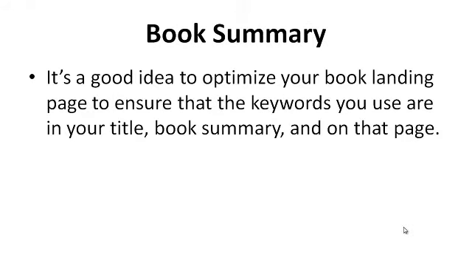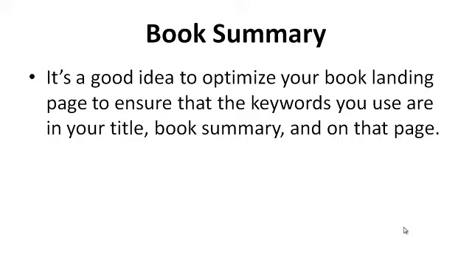So another thing I want to mention is that whatever categories or keywords that you use, you want to realize that it's good to optimize your book landing page, which consists of your book summary, possibly your bio, and things like that. Your book summary, your book description, and things like that pertain to that specific book.